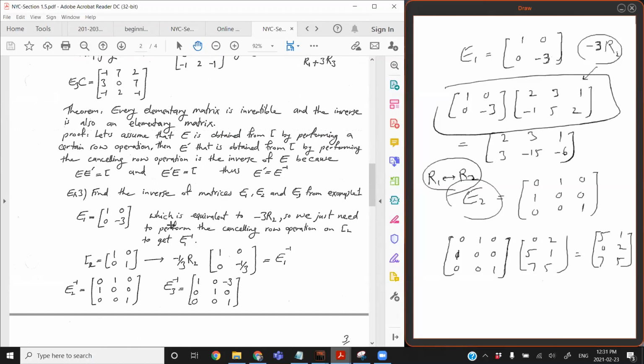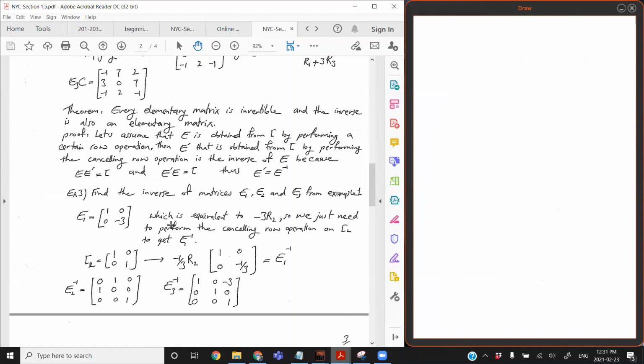Okay. So the next theorem is every elementary matrix is invertible. These elementary matrices that we were talking about, a matrix that is obtained from the identity by doing a single row operation, all of them are invertible.